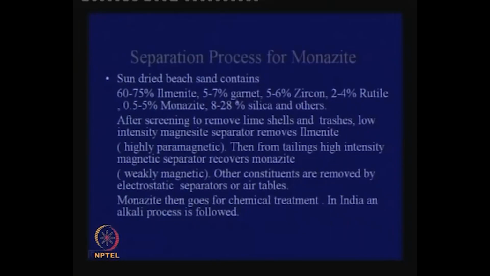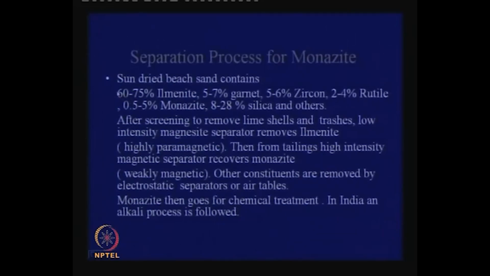Very important deposits are found in Kerala, and our thorium deposits are very big. They are in the beach sands, and in the beach sands there are many constituents. The constituents are mainly ilmenite, then garnet, zircon, rutile, and monazite. It is this monazite which has the thorium.